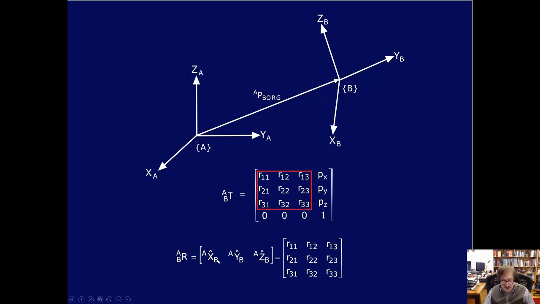Projections of XB in A frame. In other words, the transformation of X from B to A, Y from B to A, and Z from B to A. Always we are showing the original point by subscript and the target by superscript. So that's we are going from B to A in this case.